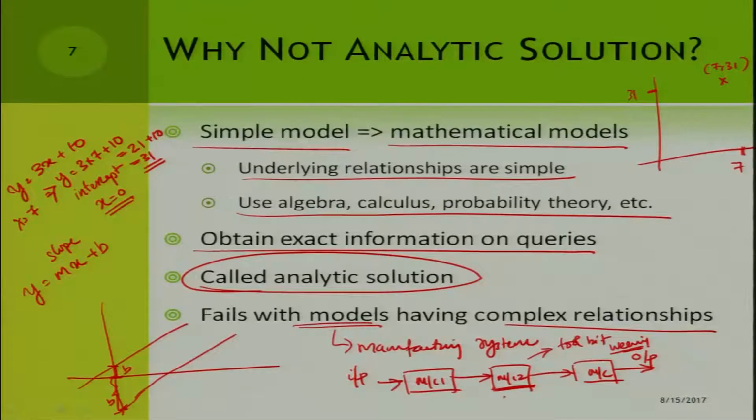Initially with a fresh tool, it will take, let us say, 10 minutes for a part, after some point of time it might take 12 minutes. Then you are in trouble, because in the mathematical model you assumed 10 minutes, but as time progresses it changed to 12 minutes. So, that type of complex relationships are quite difficult to model in a mathematical model, and hence that is the reason why we do not use analytic solutions to study complex systems.